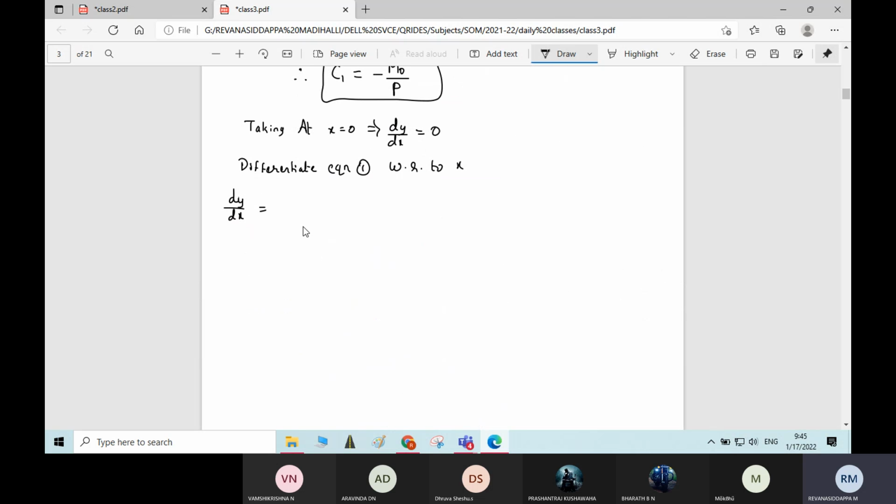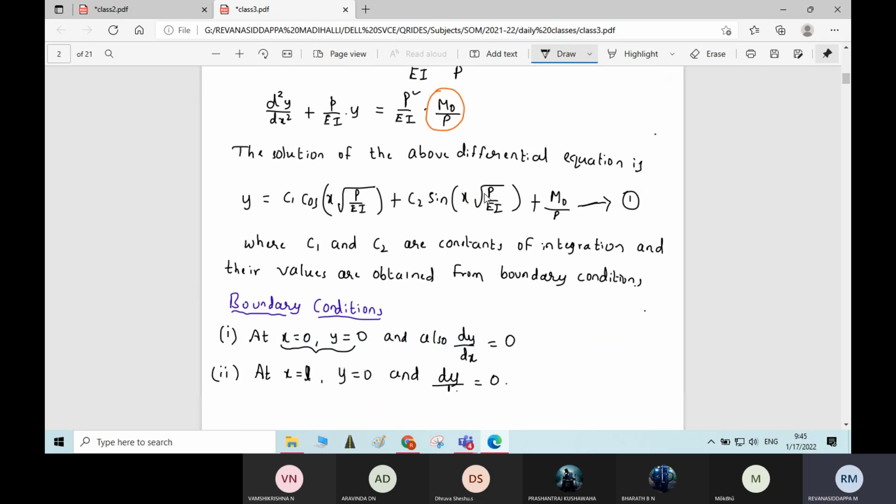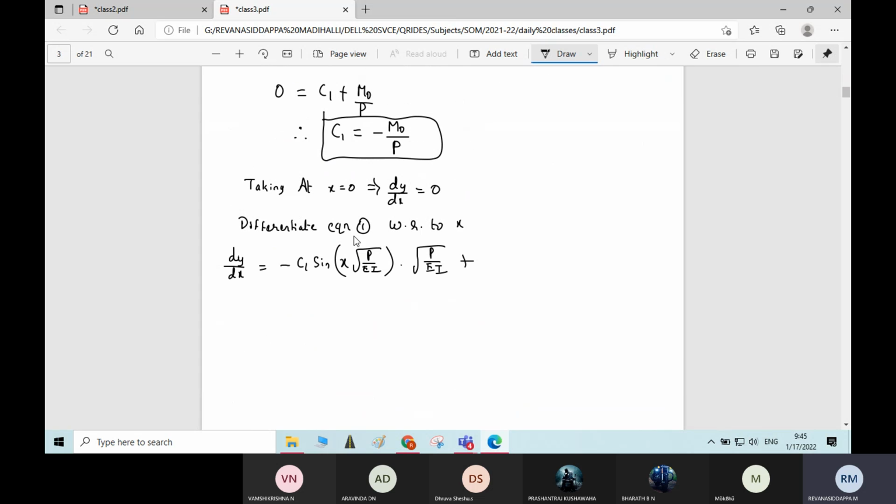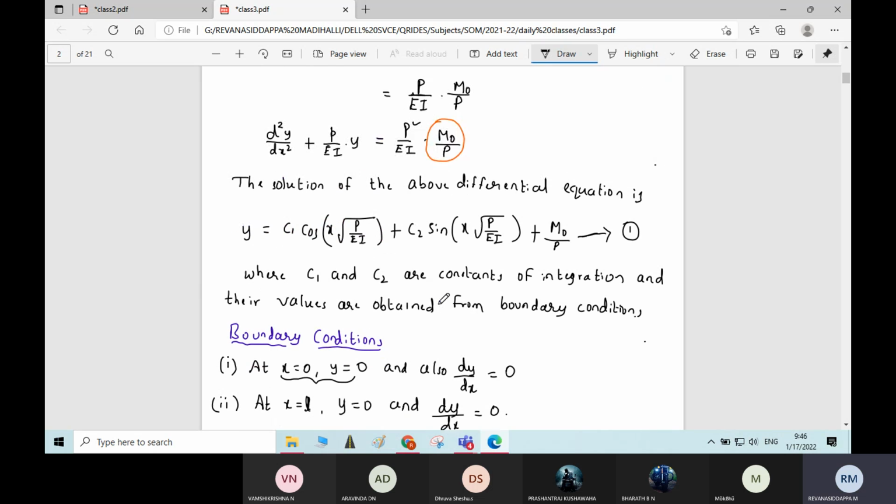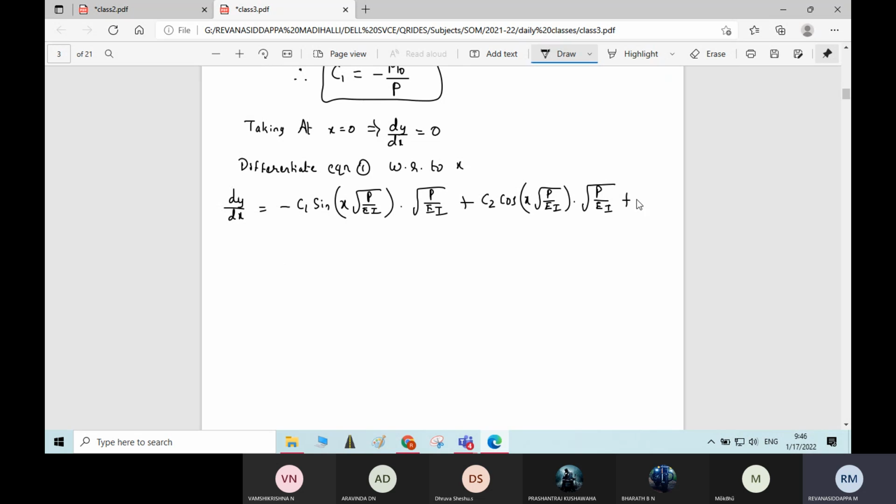It becomes minus c1 sin x root P by EI into differentiation of this bracket term, which is root P by EI, plus now the differentiation of c2 sin x root P by EI will be c2 cos x root P by EI into root P by EI, plus the differentiation of the constant M0 by P, which will be 0.